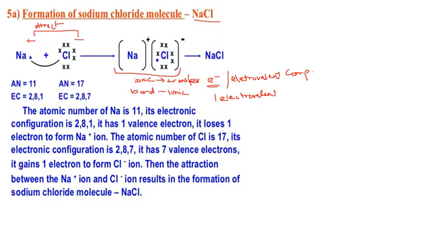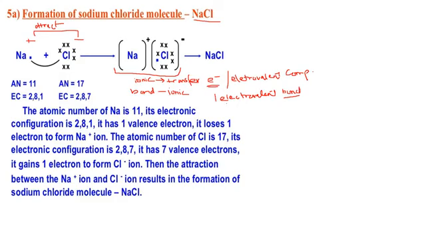So there are two names for the bond and two names for the compound. Ionic compound we also call electrovalent compound, and the bond formed is ionic bond, which is a very strong bond. We can also say the other word is electrovalent bond.